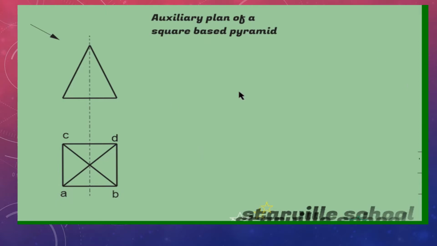All right, the next one is of course to name the alternative elevation. Because this is a plan, this is the elevation because it's in first angle projection. In first angle projection, the elevation is always above the plan.